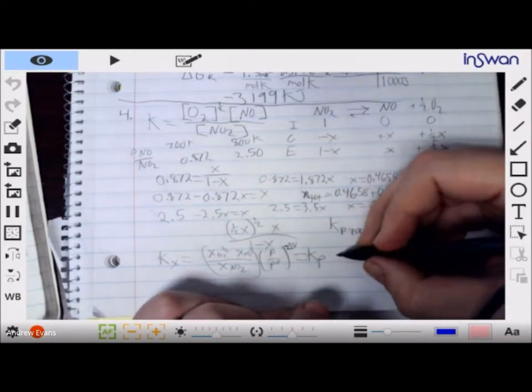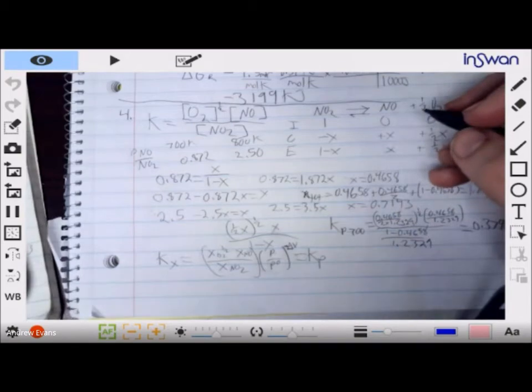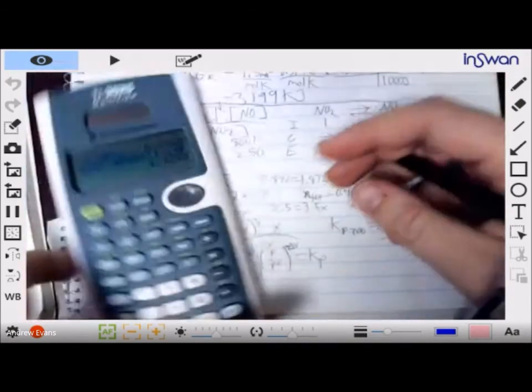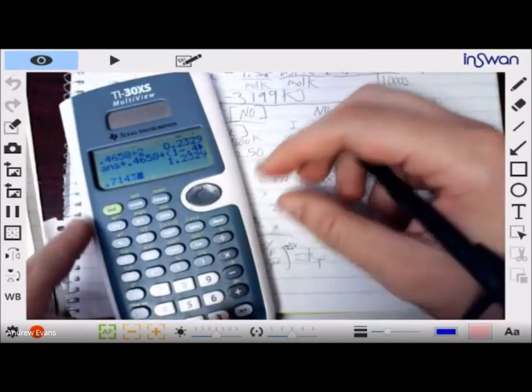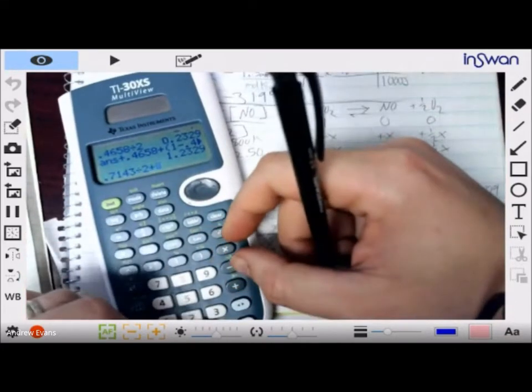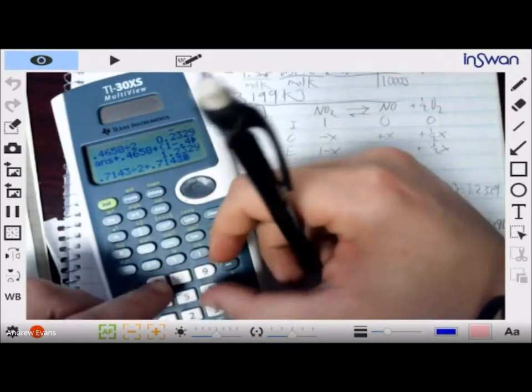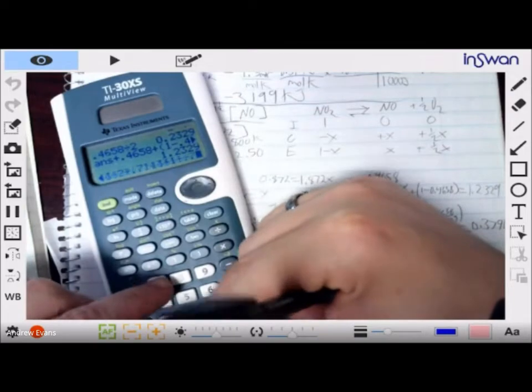Doing the same thing at 800. So following the same work, 0.7143 divided by half plus 0.7143 plus 1 minus 0.7143.